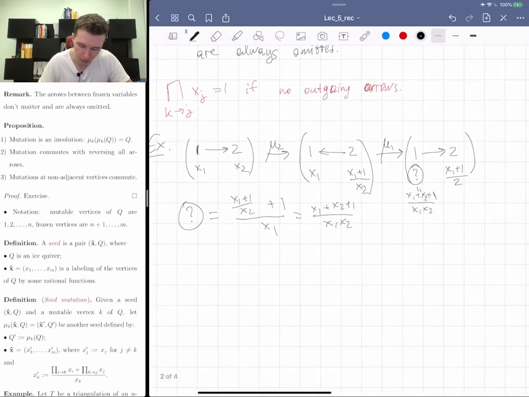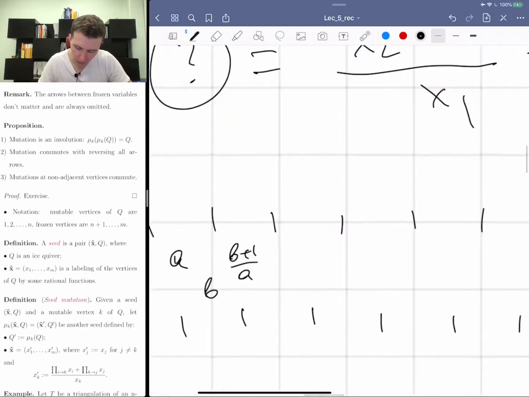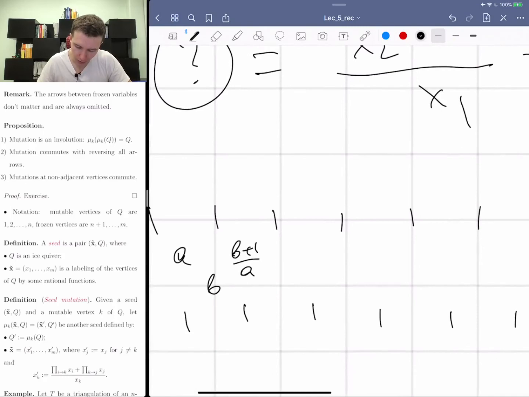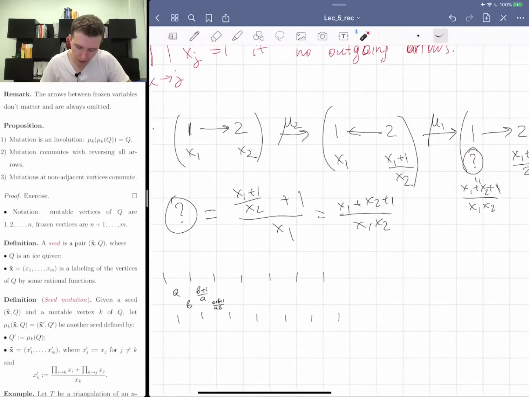If you look at the frieze pattern of order 3, or of order 5, no, then it has 4 rows, and if you start with A and B and propagate to the right, then the entries are going to be (B plus 1) over A, and then (A plus B plus 1) over AB. So it's very easy to see that the SL2 frieze pattern rule gives you the same recurrence as this quiver mutation here.